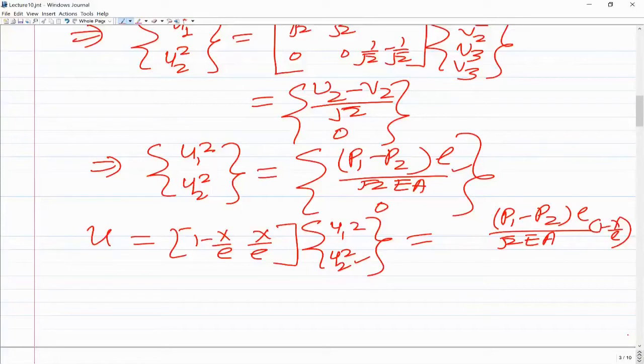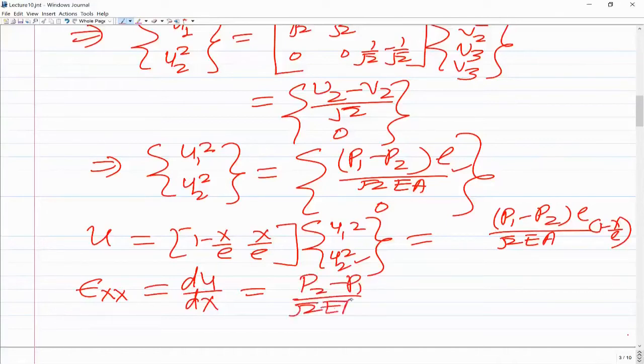Then epsilon xx would be equal to du by dx. Now we are doing the calculation for the second element. If you differentiate, these are all constant terms, so you will get minus 1 by L. If you multiply, you can write that as P2 minus P1, and then L will cancel and you will have root 2 into EA.